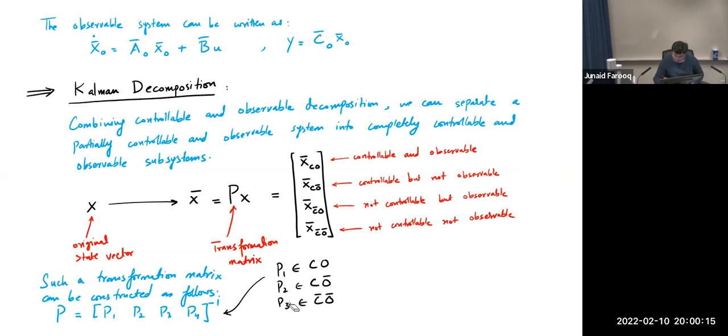So P4 actually is from the uncontrollable, unobservable subspace, and P3 is whatever is left. So P3 along with P1, P2, P4 form a basis for the state space.